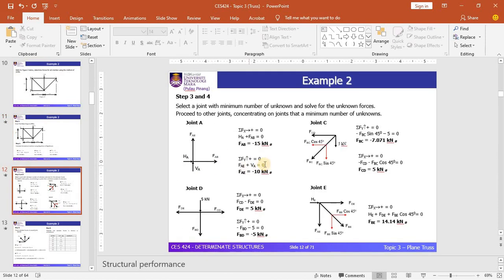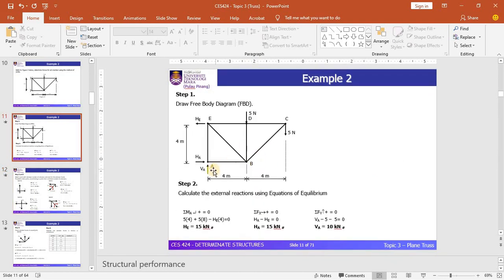By looking at the solution, you can see that joint A has been selected to start the calculation. By considering the summation of force in horizontal and vertical directions, we can solve for FAB and FAE.